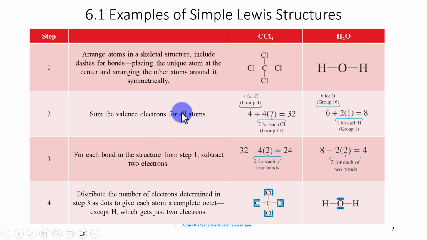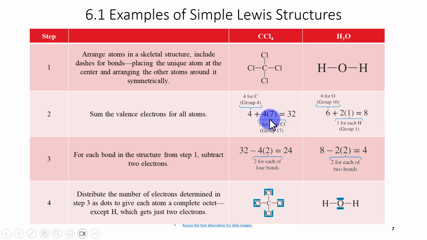Let's figure out the total valence electrons that I have to work with for both of these molecules. Okay, now carbon is group 4. That means I get 4 valence electrons contributed from the carbon. Then I look to chlorines. Chlorine is group 7, but I have 4 of them. So I have to multiply 7, which is the number of valence electrons that each chlorine brings in, by 4.